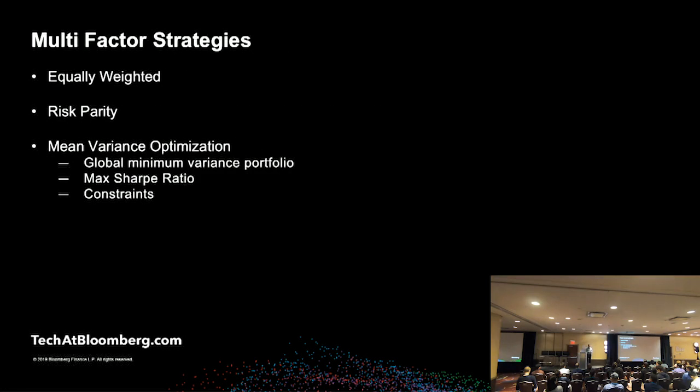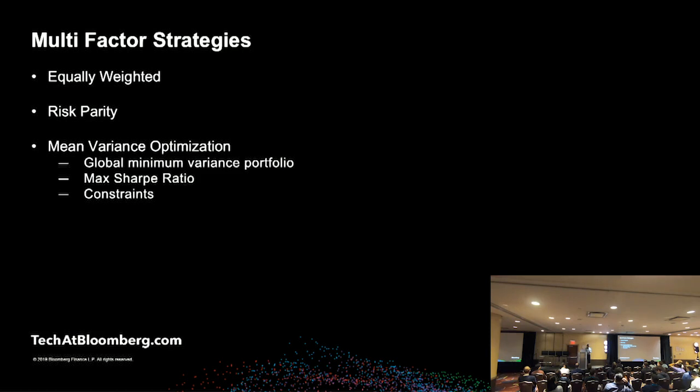The problem with single factors is that they tend to be cyclical in nature. They have periods of performance and underperformance depending on different time periods, and these time periods vary for different factors. So investors typically blend these single factors to create multi-factor portfolios. Here we have some canonical ways of combining them. One simple but effective approach is to allocate equal capital to all your single factors.